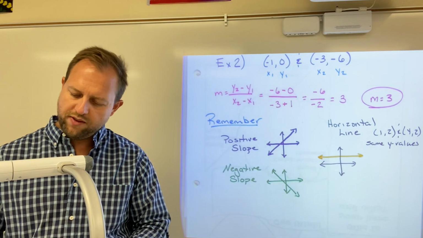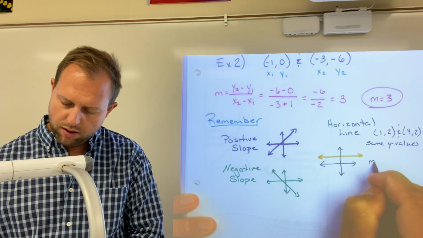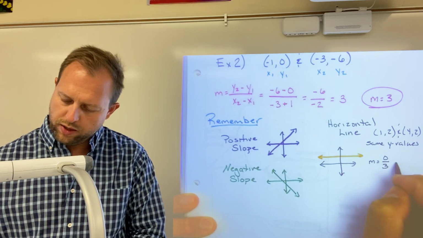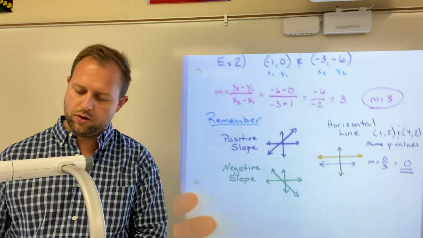When we plug those values in, we get a slope of 0 over 3, which reduces to 0. Horizontal lines have a 0 slope.